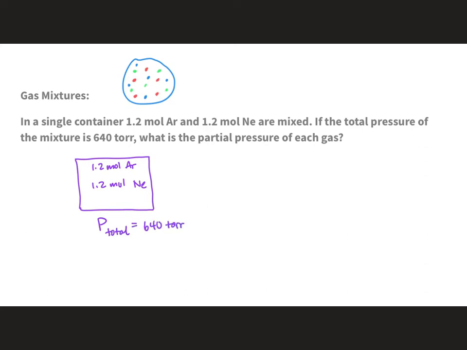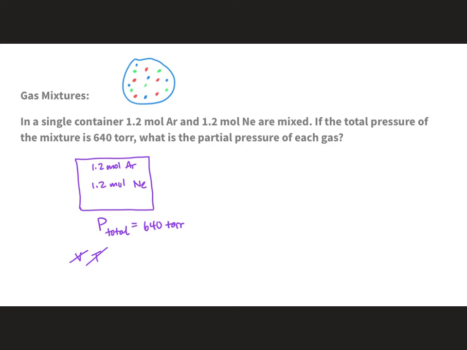Now you'll notice we are lacking some information. You don't know the volume, and you don't know the temperature. So I really can't, in this situation, do any kind of calculations using PV = nRT.